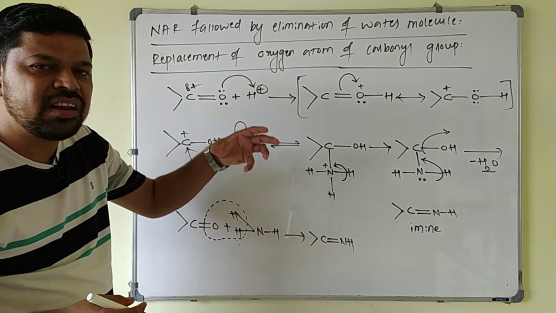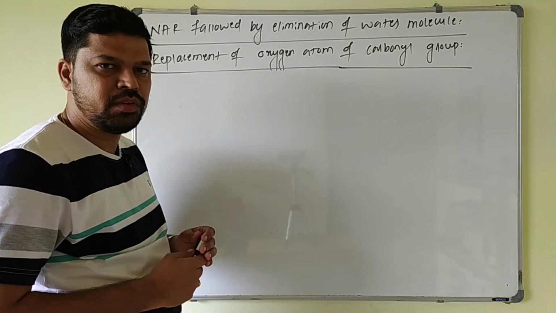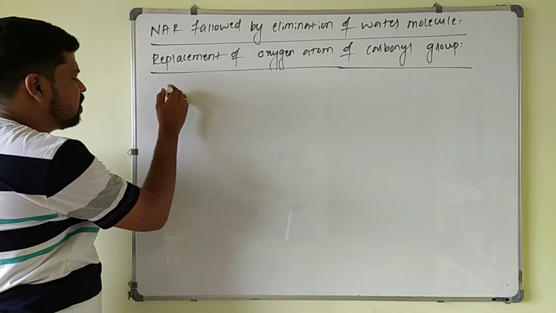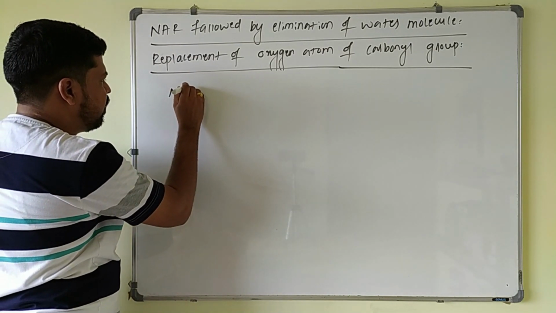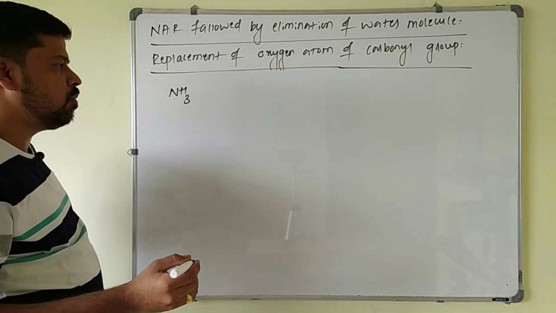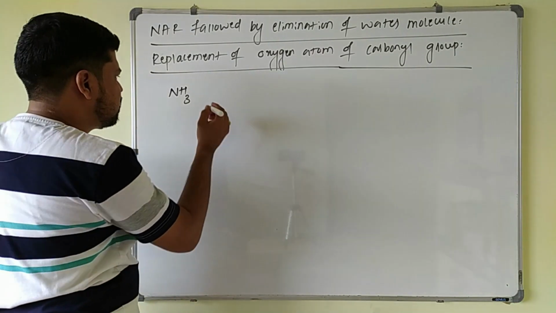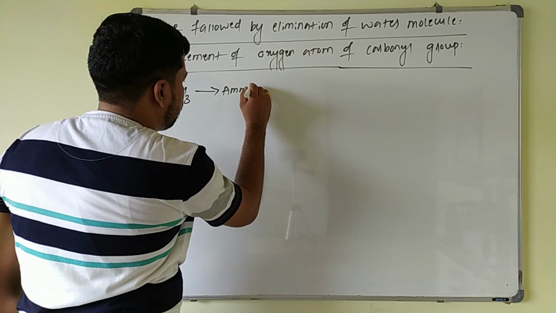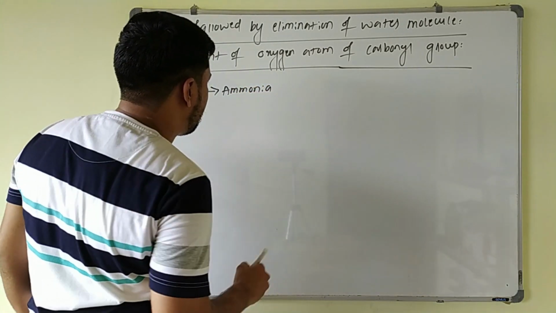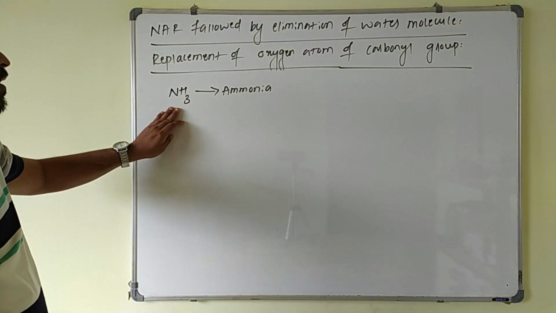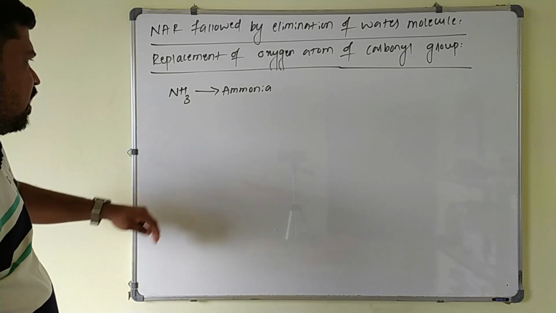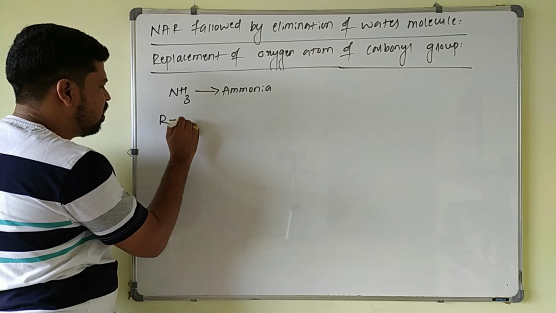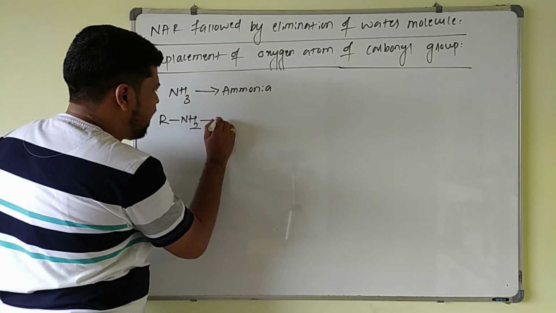We will see what the derivatives of ammonia are now. Ammonia and its derivatives react with aldehyde and ketone to form carbon nitrogen double bond compounds, and here this is your ammonia. Derivatives of ammonia are prepared just by replacing a hydrogen atom of the ammonia. If a hydrogen atom is replaced by an alkyl group, that is called an alkylamine.